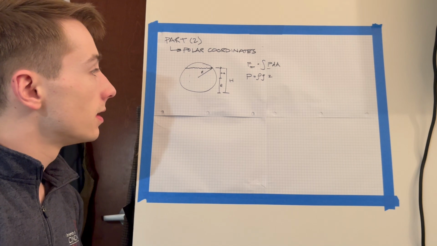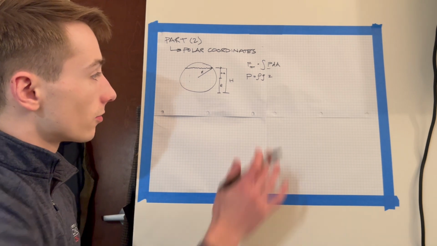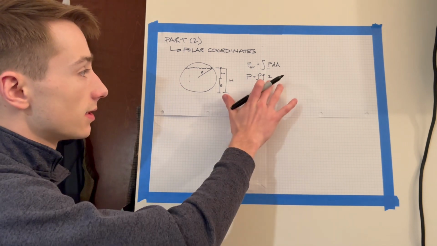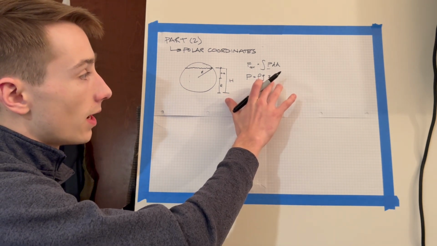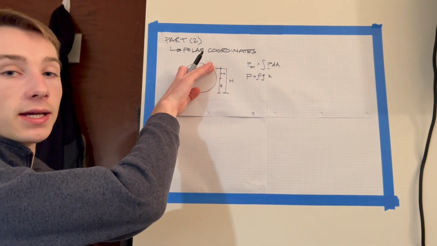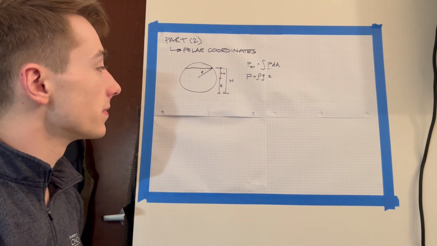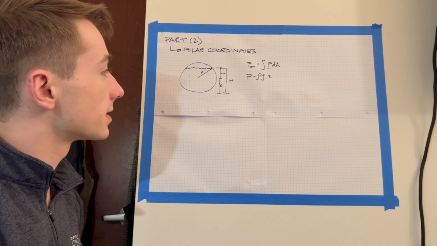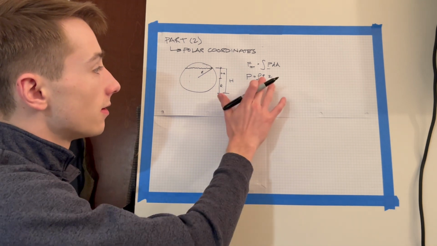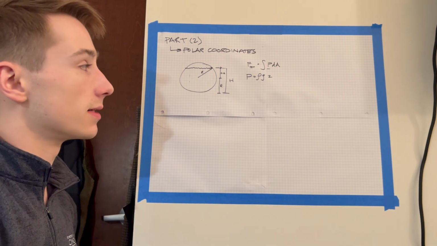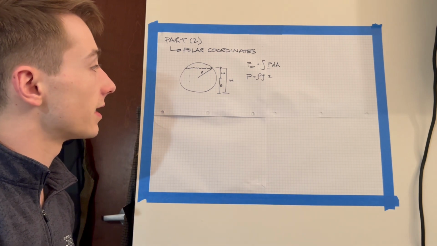So rho and g are constant, which is nice for us, but obviously our depth z is going to change as we integrate radially here around our circle. So let's go ahead and find an expression for pressure involving z. We're going to get z in there as a function of theta.